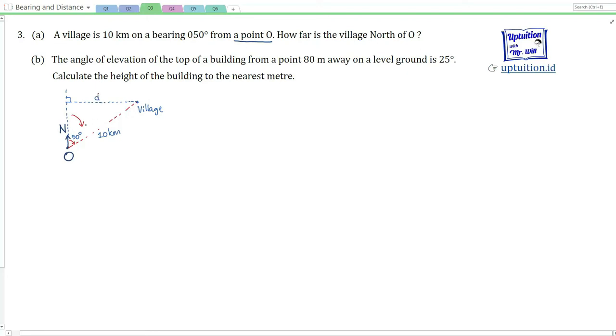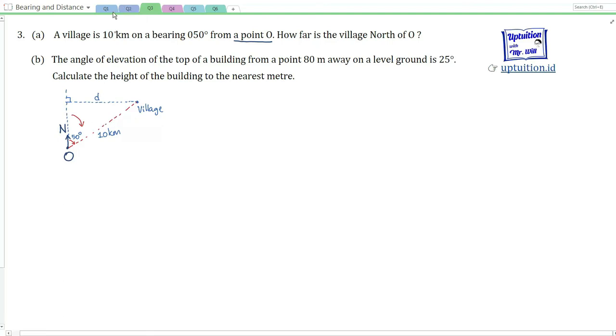To solve this, we can actually use Pythagoras, but because we only know one side of the right angle triangle and one angle, 50 degrees, you need at least 2 steps if you want to use Pythagoras. So anyway, you're going to use trigonometry to solve this.